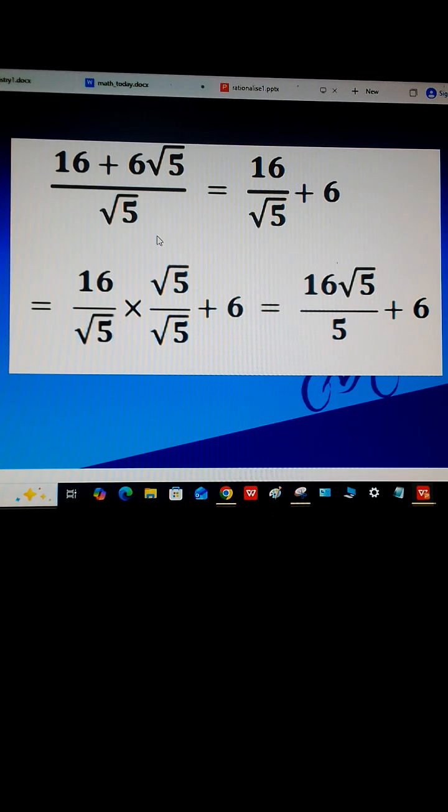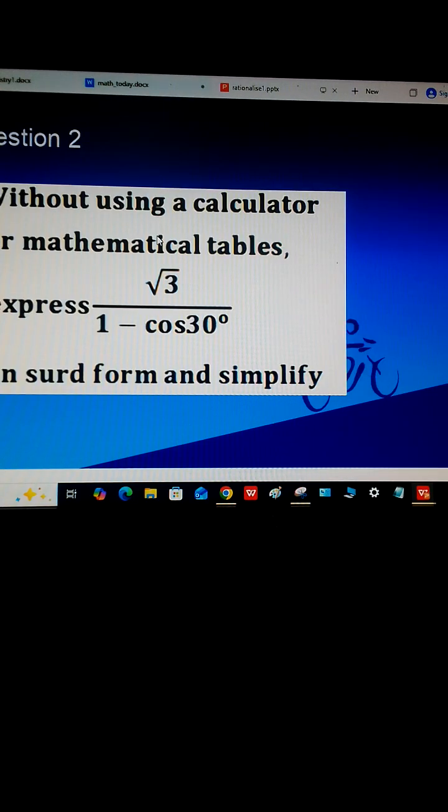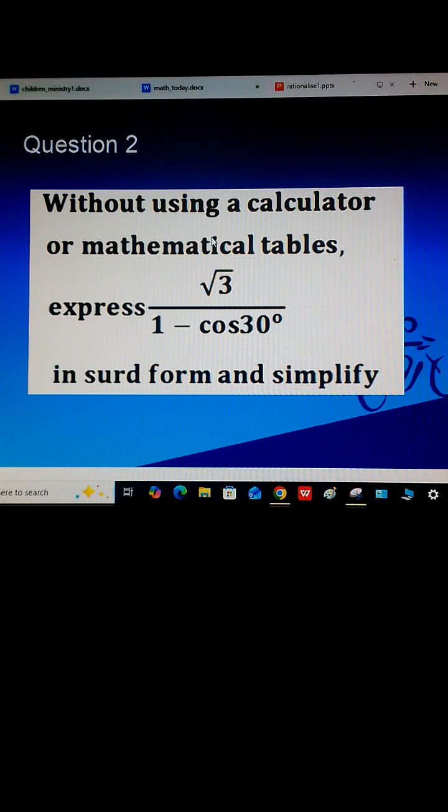Let's look at another example. Without using a calculator or mathematical tables, express root 3 over 1 minus cos 30 degrees in surd form and simplify. Okay, we have cos 30 degrees.